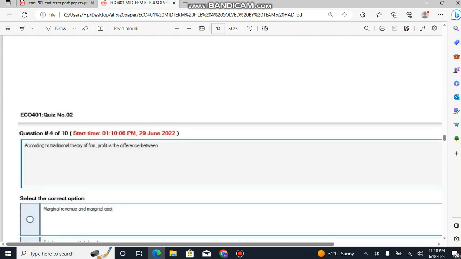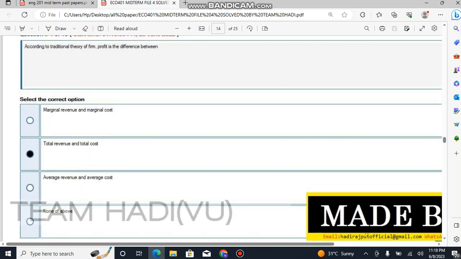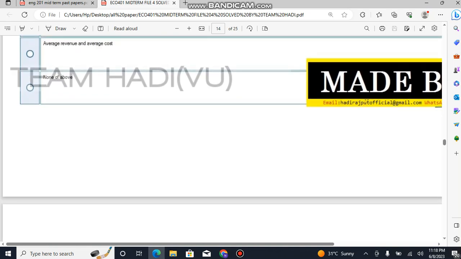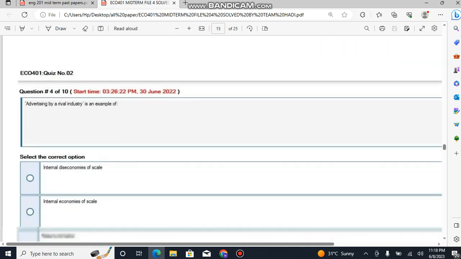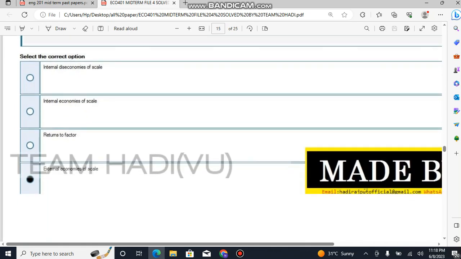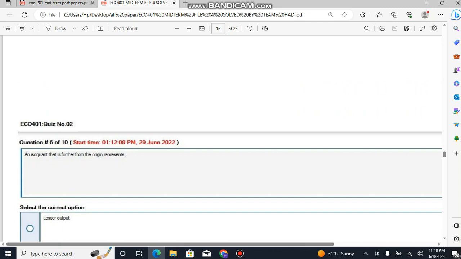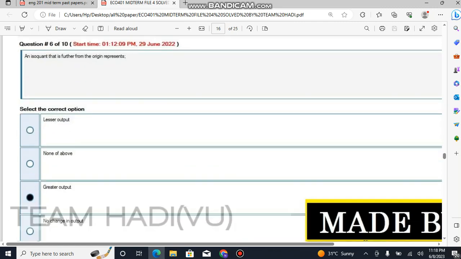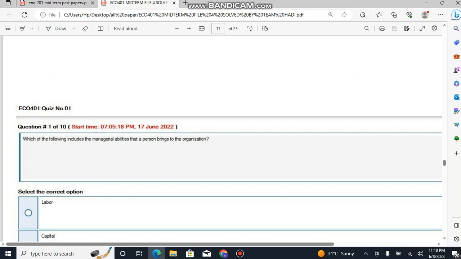According to the internal theory, the total benefit of the total is the total cost advantage by the firm, in the example of external economies of scale.